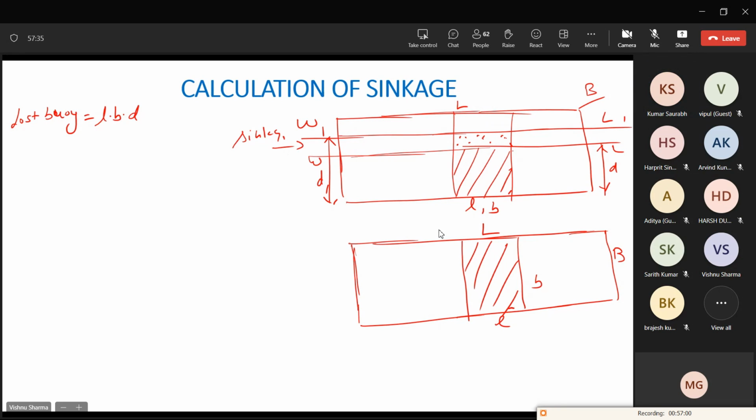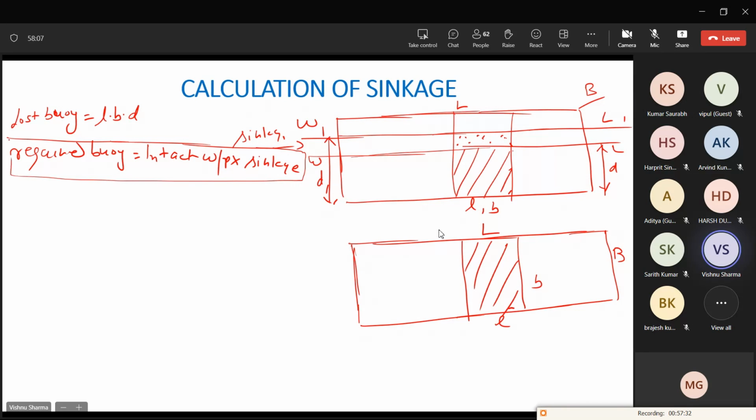No. Regained buoyancy, based on my discussion a while back in the 3D diagram of the book, if you don't agree, let me know, is equal to intact water plane into sinkage. Yes or no, beta? This is what we try to understand with the book. Am I right? Correct?